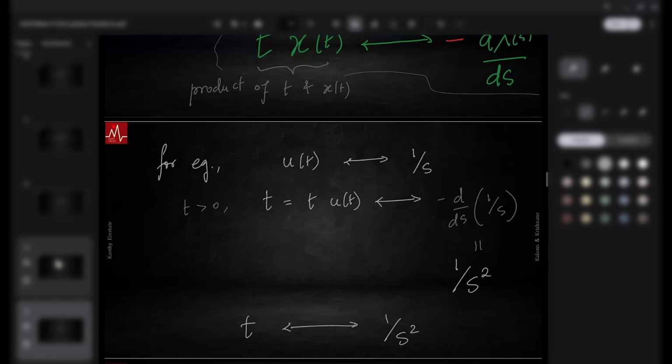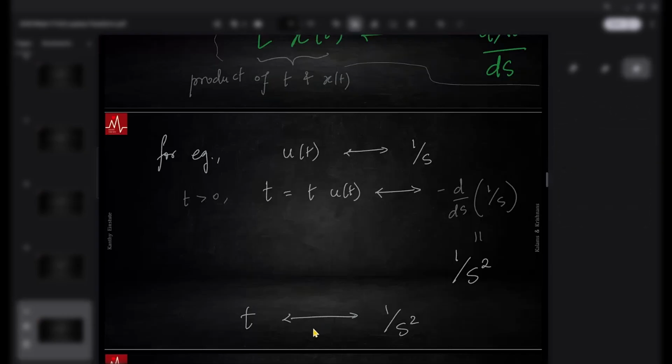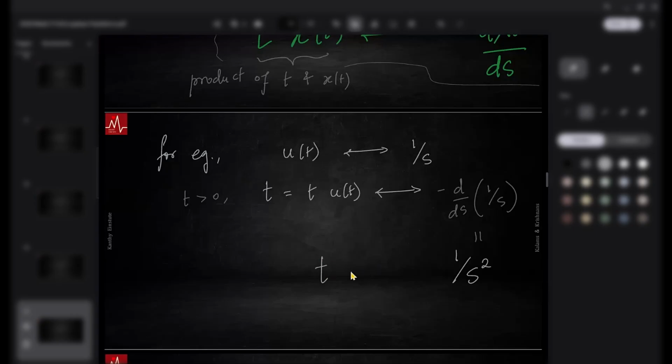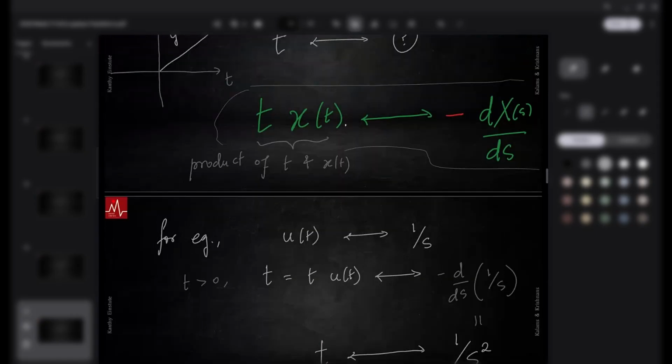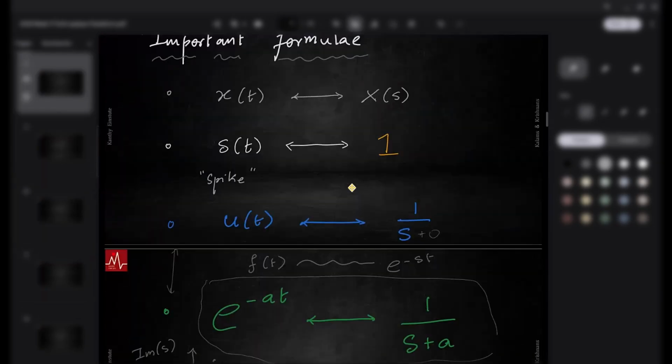Makes sense? Formula and application. Something that you don't have to remember is that t transforms to 1 by s square, but what all of you should remember is this: on this side you got the negative of the derivative.